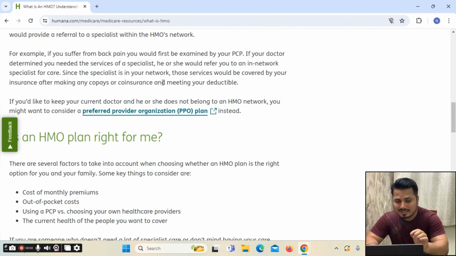If your doctor determined you needed the services of a specialist, he or she would refer you to an in network specialist for care. Since the specialist is in your network, those services would be covered by your insurance after making any copays or co-insurance and meeting your deductible.